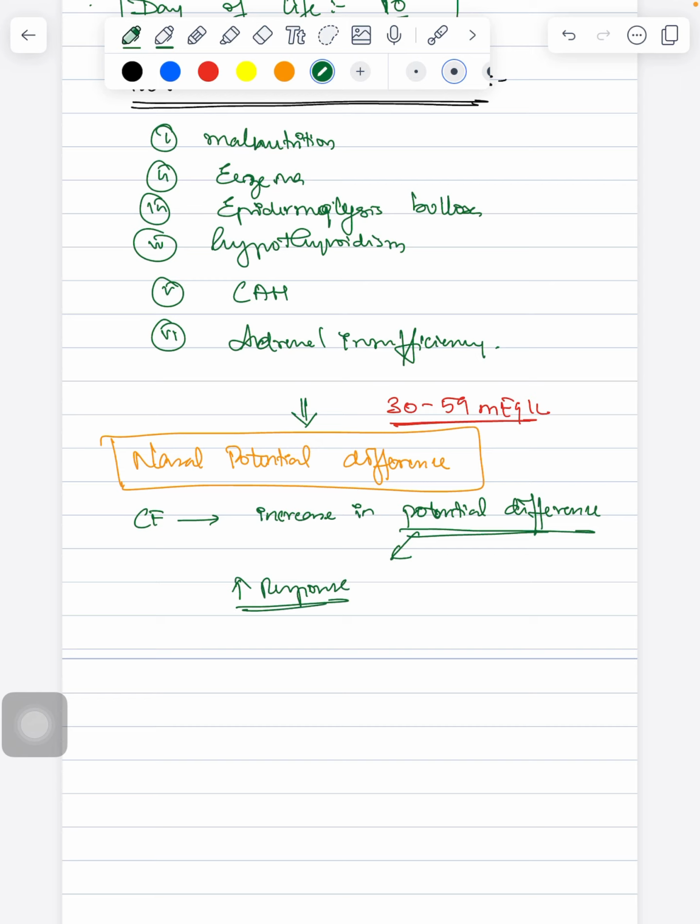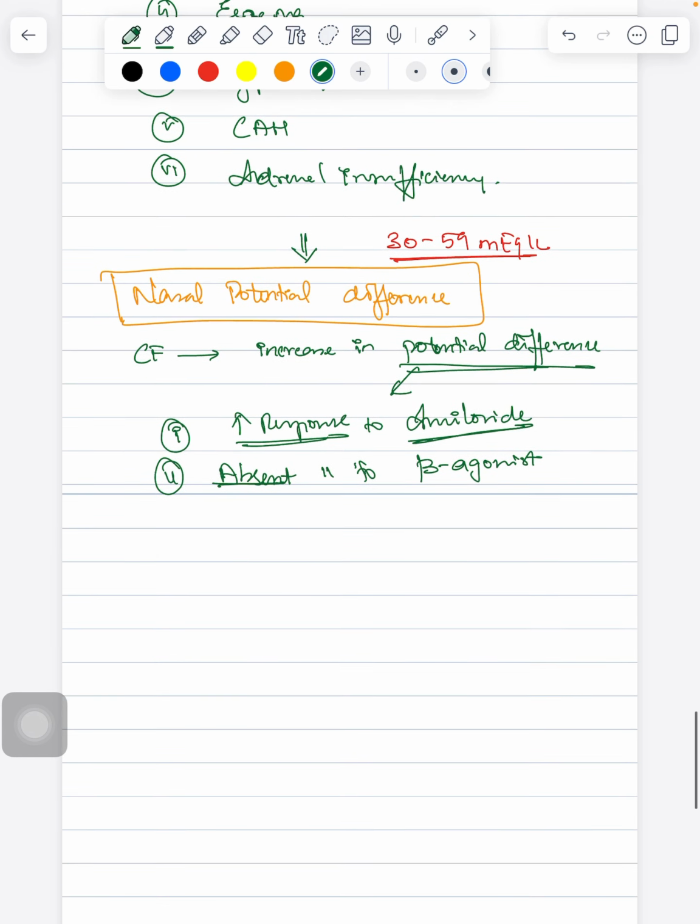When you apply amiloride, there will be an increased response, but there will be an absent or decreased response to the beta adrenergic agonist. So you say the child has an increased potential difference. Okay, so this is the second test.